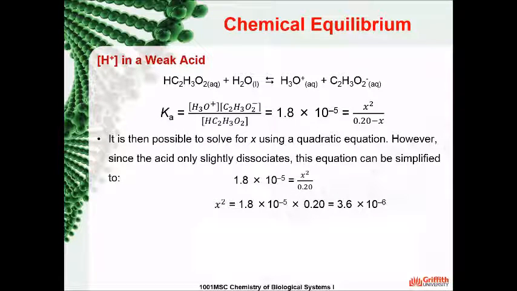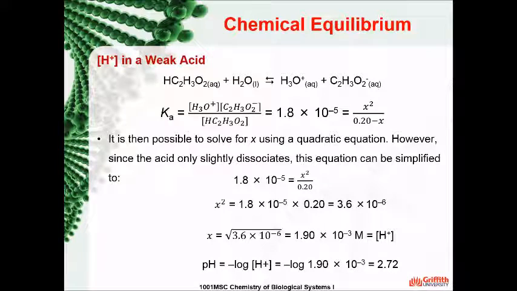Let's rearrange the equation to solve for X. X squared equals 1.8 times 10 to the negative 5 times 0.2, which is equal to 3.6 times 10 to the negative 6. So, to calculate X, we take the square root of 3.6 times 10 to the negative 6, which will give us 1.9 times 10 to the negative 3 molar.